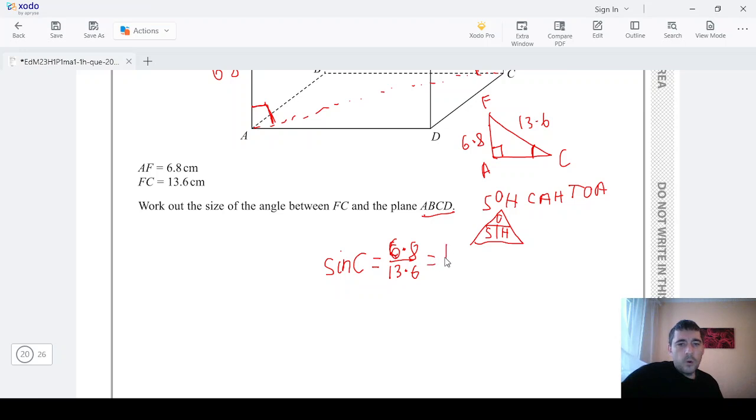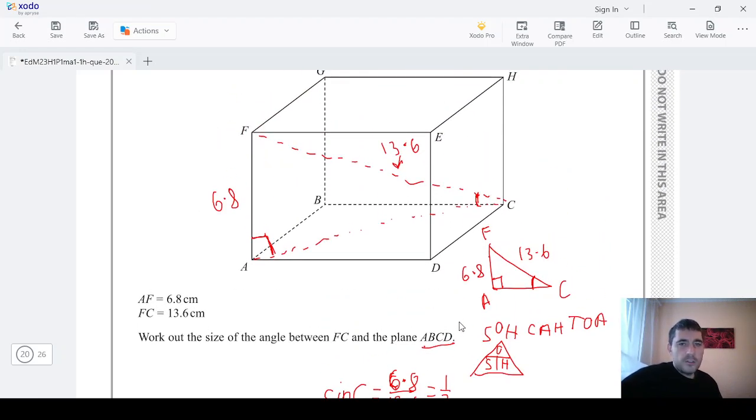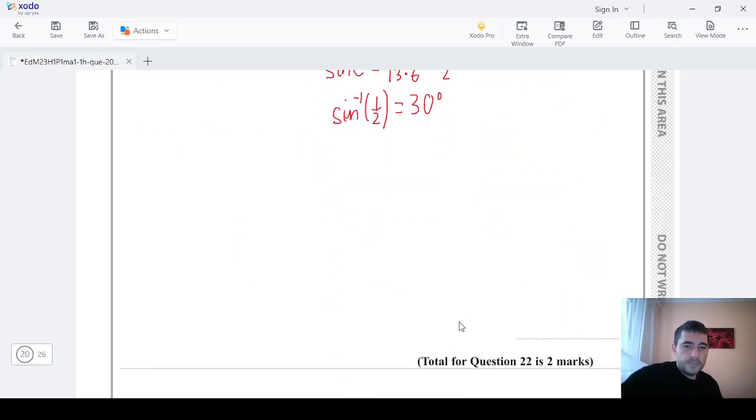I can just put 1 half, and I know that if I've got a sin ratio of half, I do sin minus 1 of half to work out what angle represents the ratio of 1 half, and that angle is 30 degrees. Which means the angle between FC and the plane ABCD is equal to 30 degrees.